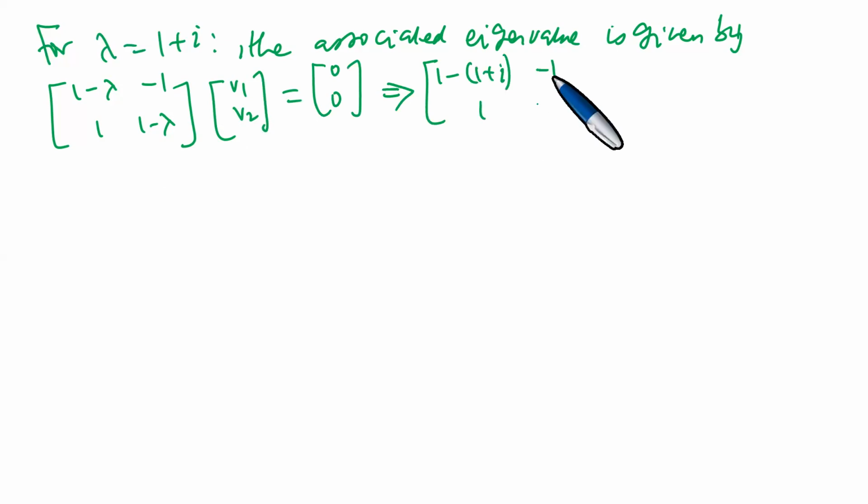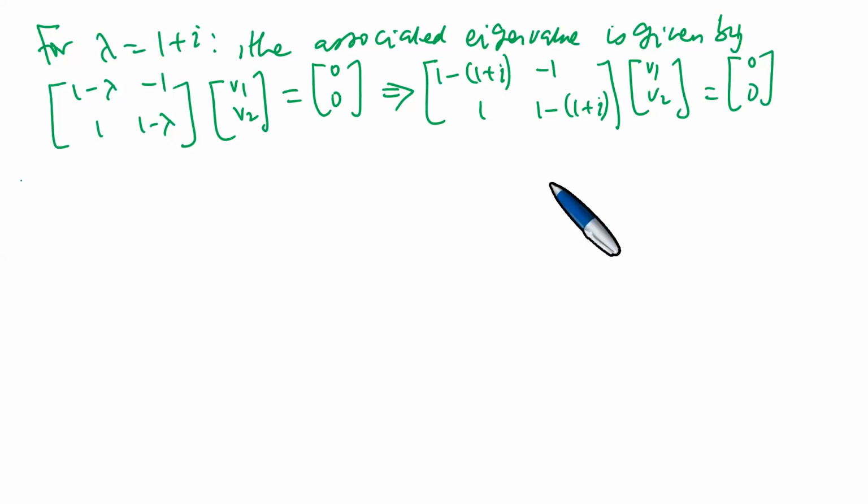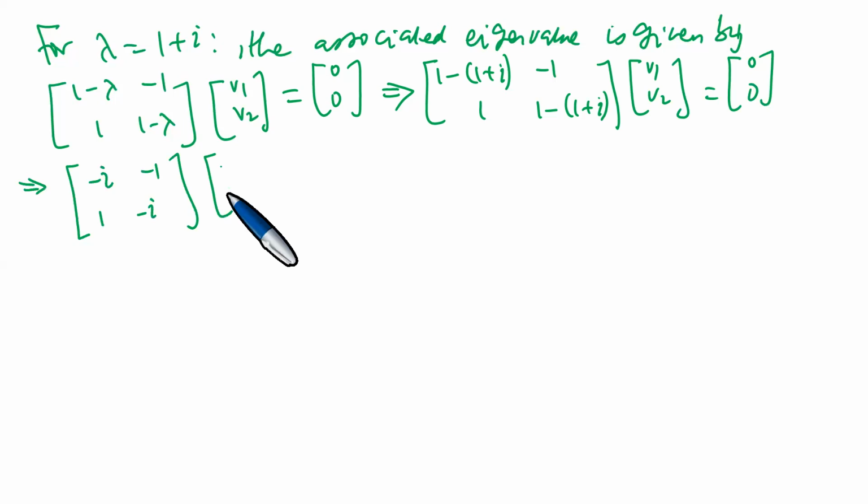So you have 1 minus 1, which is 0, and then minus i.